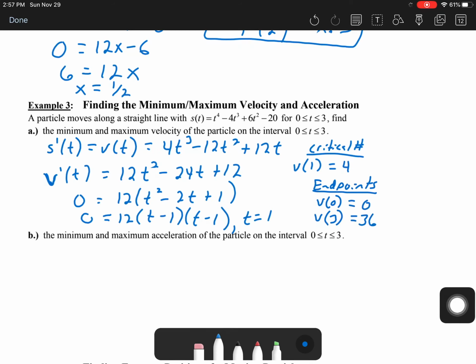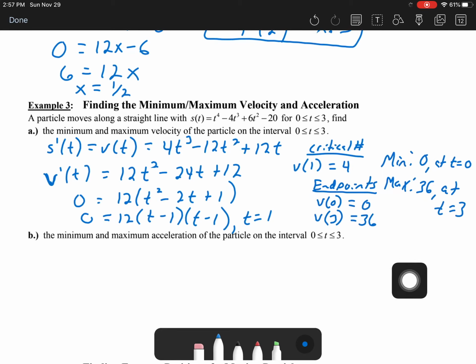Okay, so we can see that our minimum is 0 when t equals 0. Min is going to be 0 at t equals 0. And our max is 36 at t equals 3. So the max occurred at an endpoint, and well, they actually both occurred at endpoints.